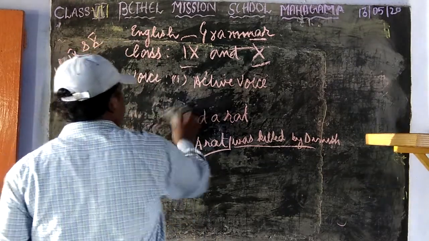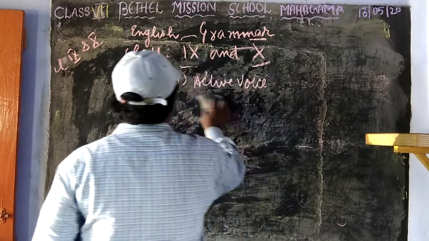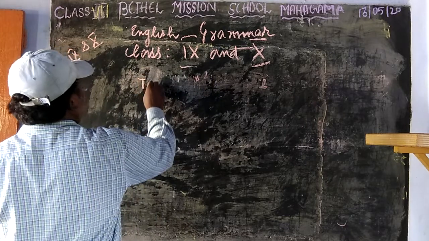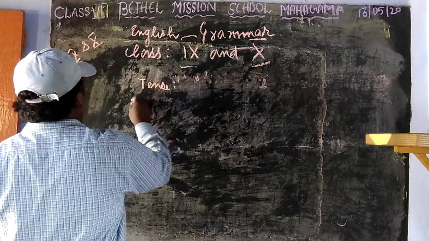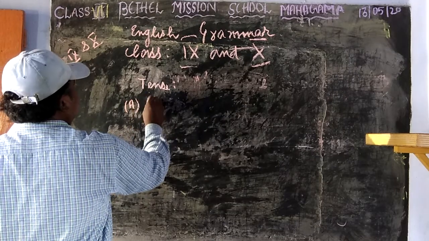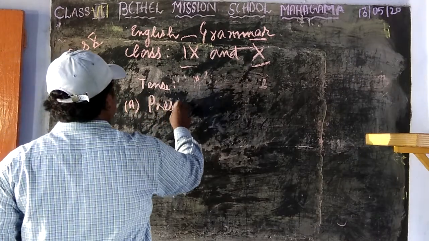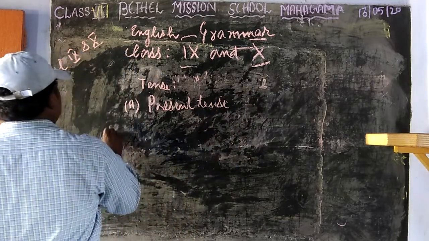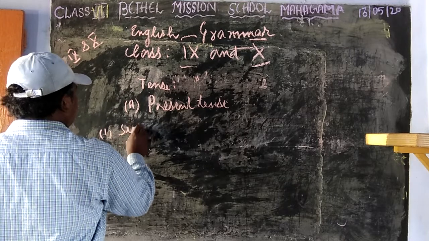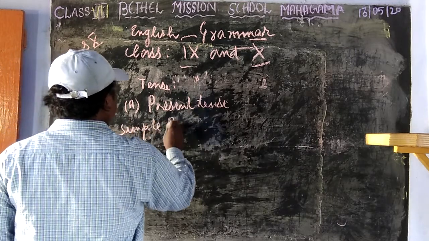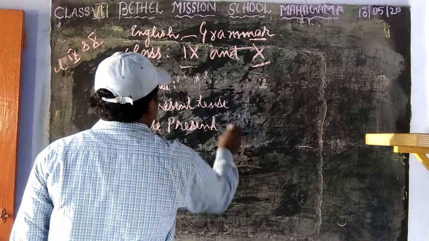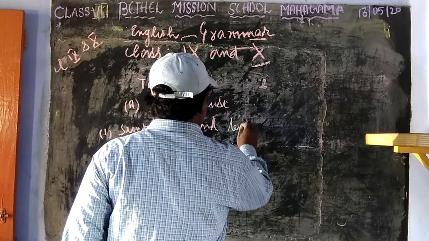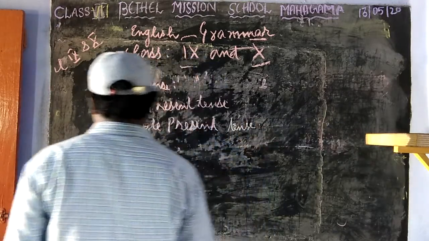Now see more again. Now move on to tense here. First one is present tense. Here is simple present tense. Passive form.